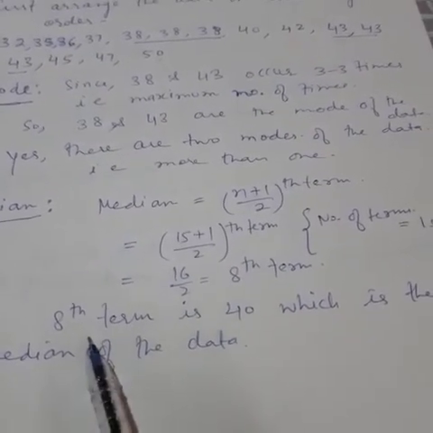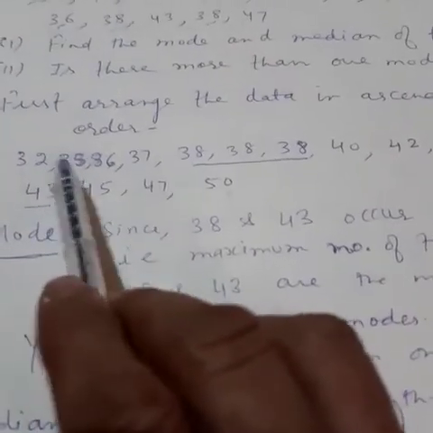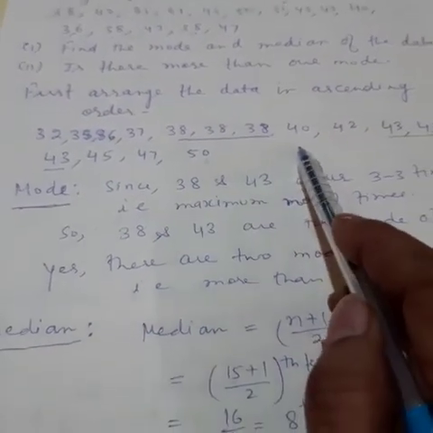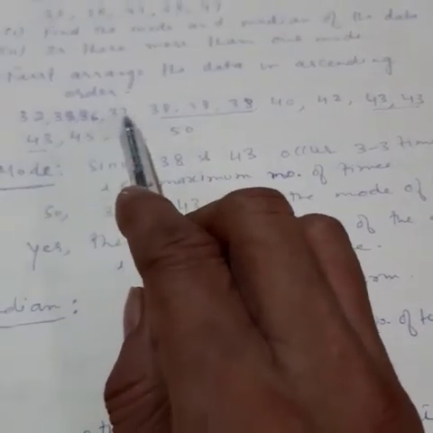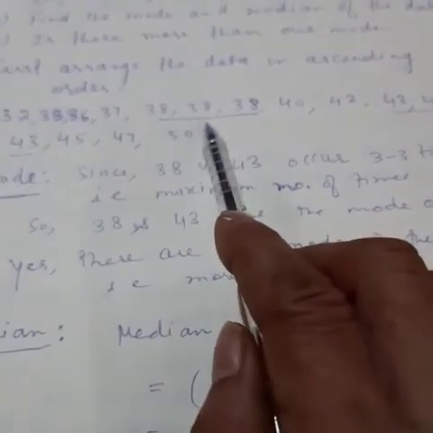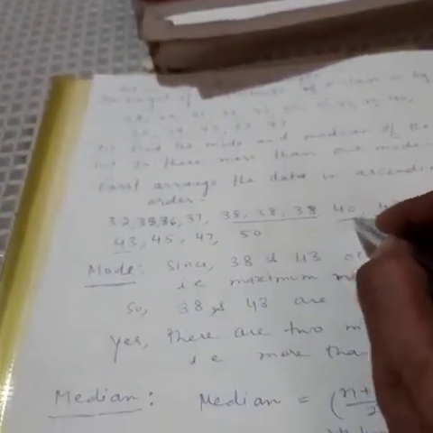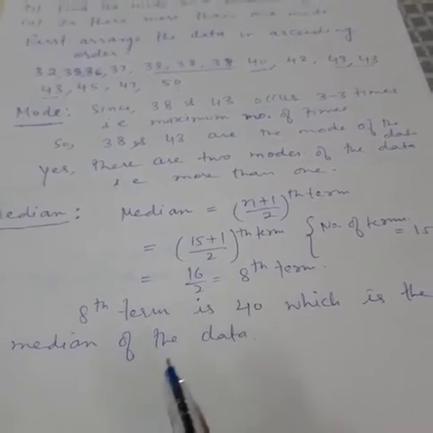Which is the 8th term? 1, 2, 3, 4, 5, 6, 7 and 8. The 8th term is 40. So the 8th term is the median of the data, children.